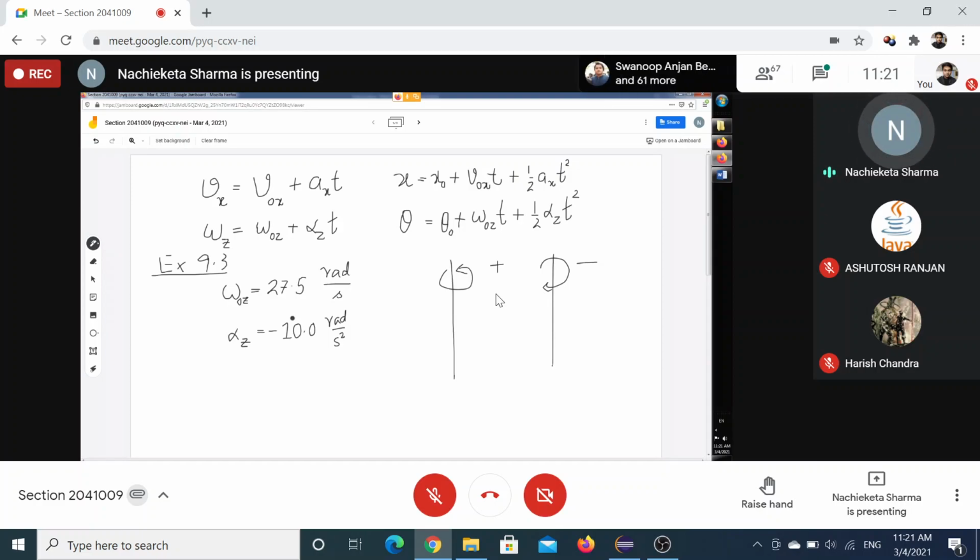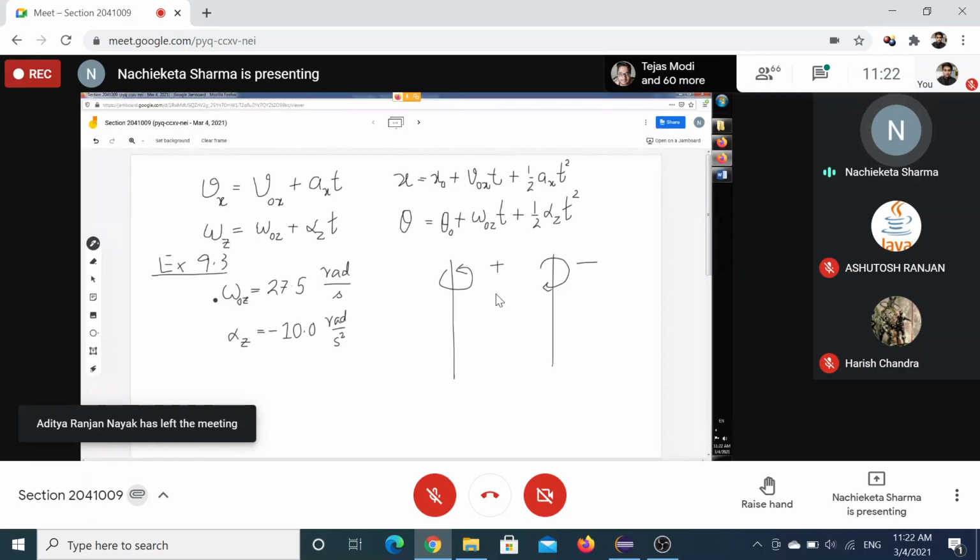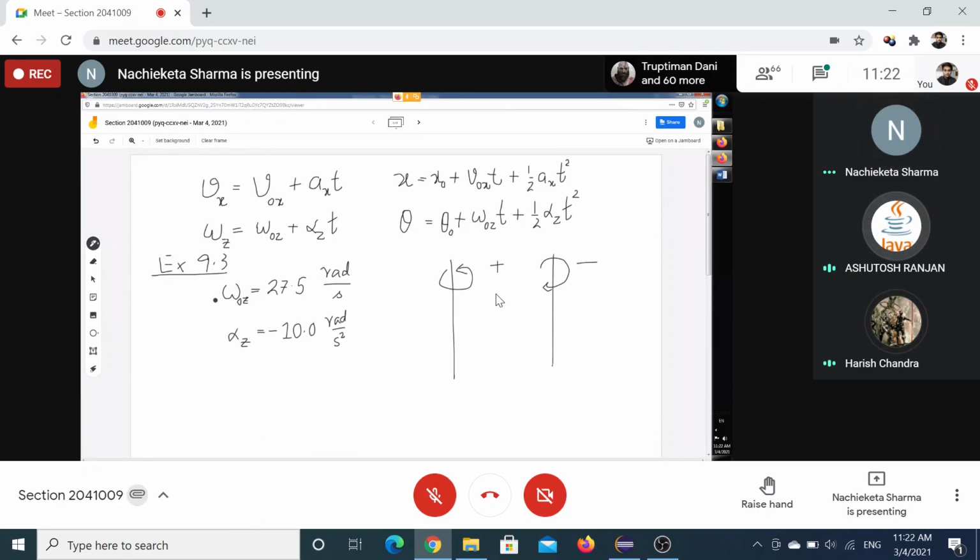So what will happen to the angular speed? Will it remain same, increase or decrease? It will decrease. Yes, that is right, it will decrease.